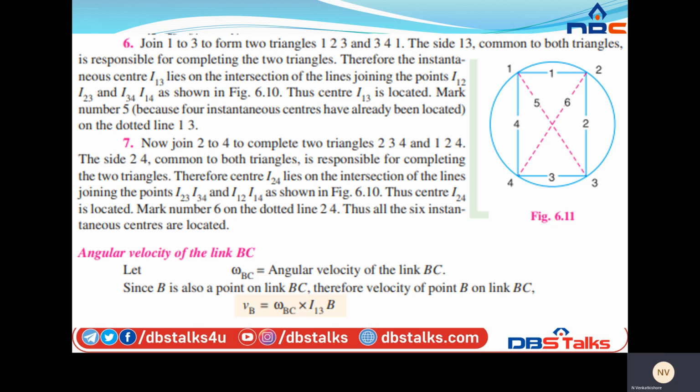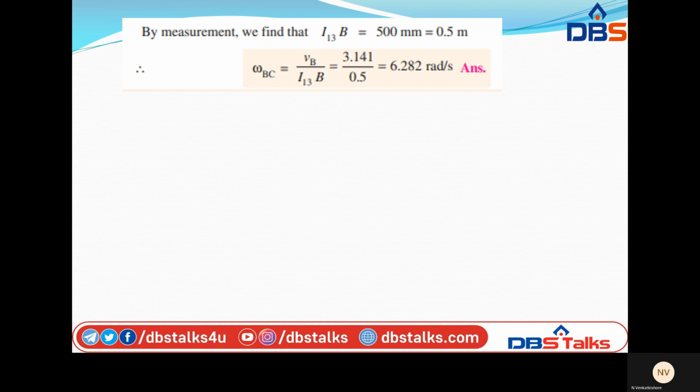Now find the angular velocity of the link BC. Let omega BC be the angular velocity of the link BC. Since B is also a point on the link BC, the velocity of B on the link BC is equal to VB is equal to omega BC into I13B.